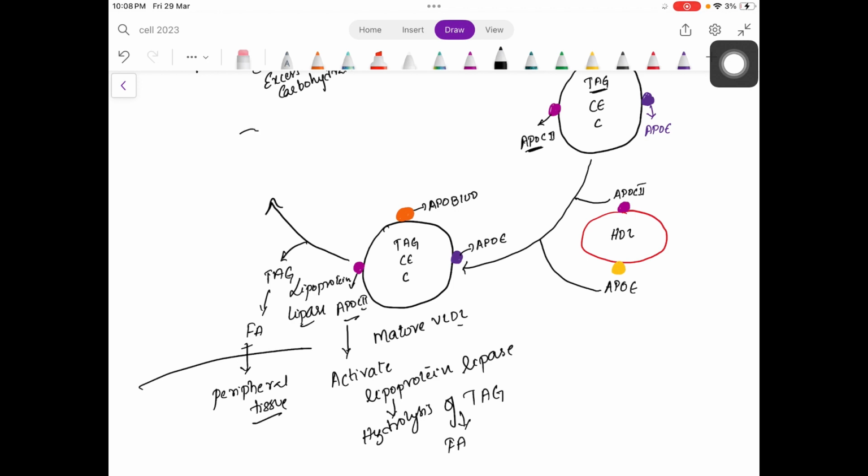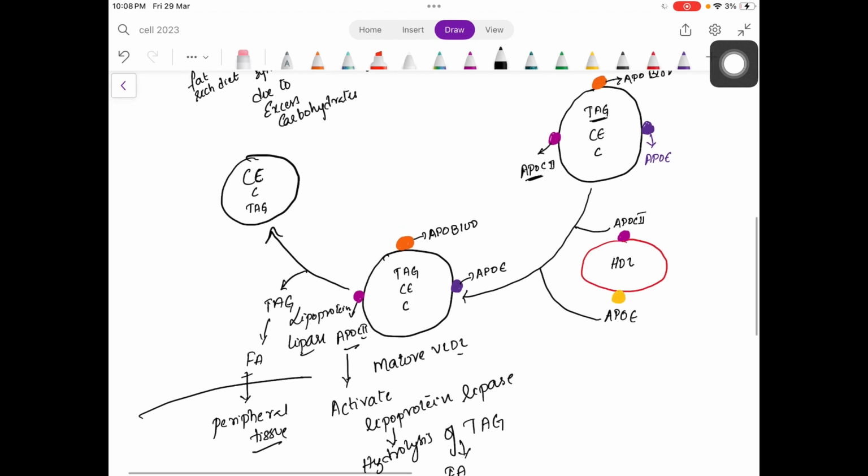And these VLDL molecules with a loss of triacylglycerols will have less quantity of triacylglycerols and more quantity of cholesterol ester.